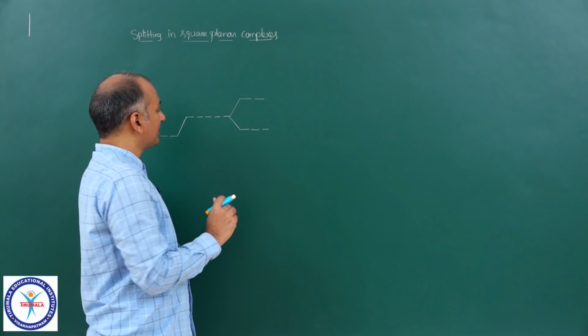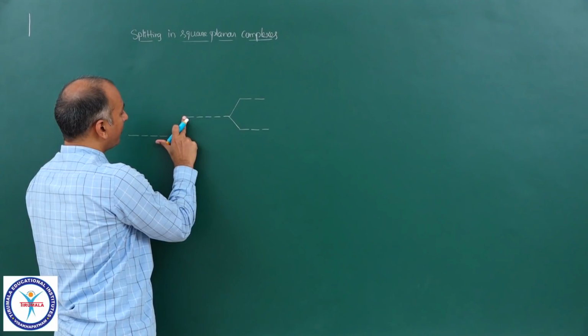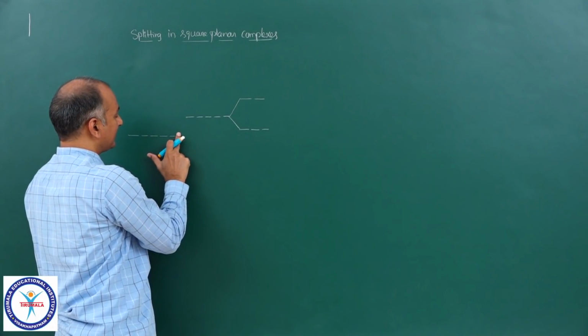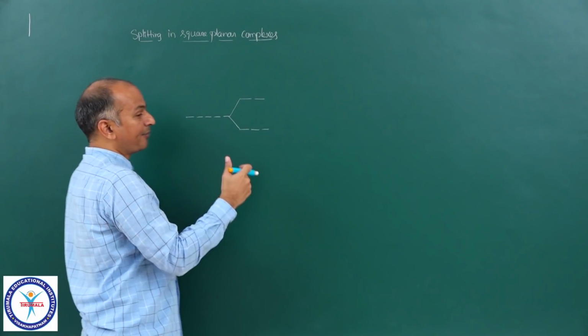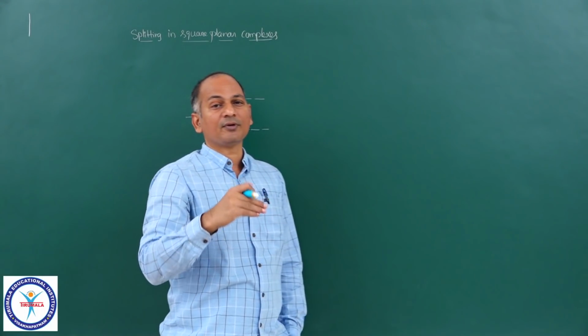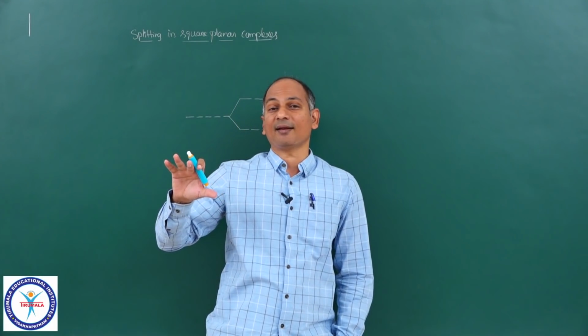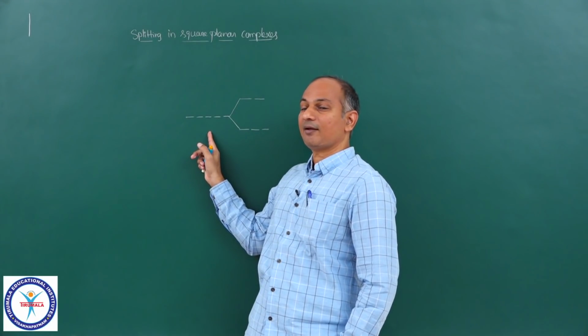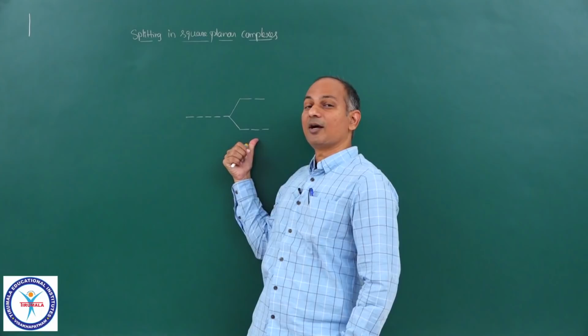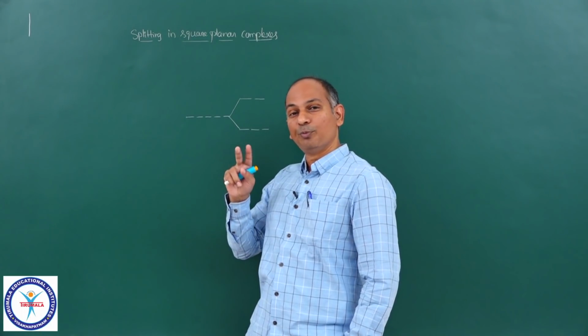Now what I am doing is removing the stage of the isolated central metal ion to simplify my diagram. So now we have only the hypothetical spherical environment and then the actual octahedral environment. Only two parts are there.